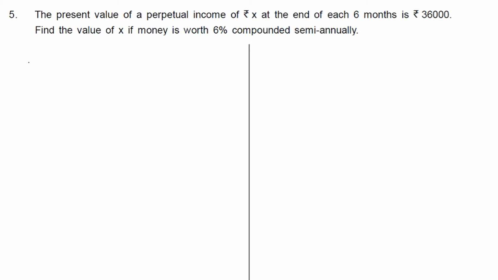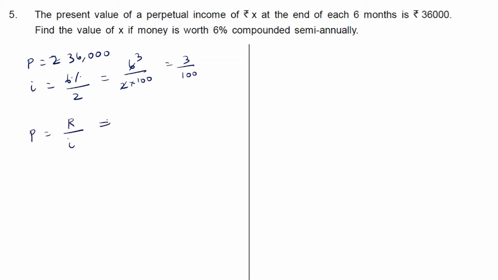So here given P is rupees 36,000 and I is 6% compounded semi-annually. So it is 6% by 2, or it is 6 by 2 into 100, that is 3 by 100. Now P equal to R by I implies 36,000 equal to X by 3 by 100.